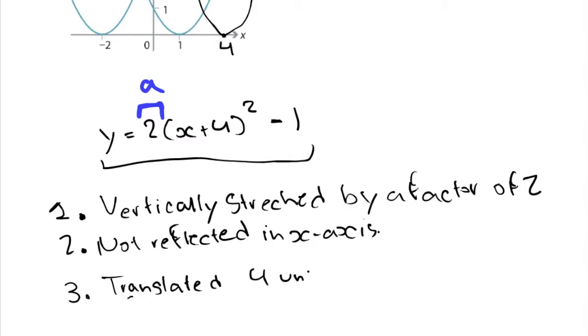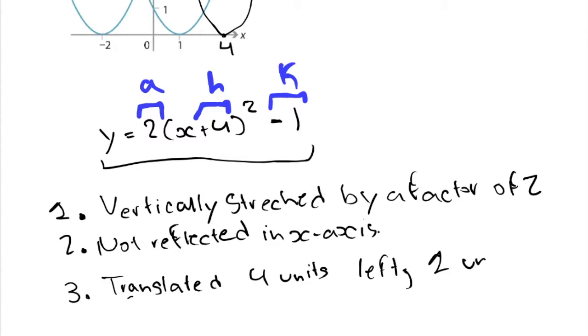So in this case, it was translated 4 units left. Because remember, if h is positive, then it goes left that many units, and if h is negative, it goes right that many units. And this is h over here, and this is k, right? And so this graph is translated 4 units to the left, and it is translated 1 unit down, right?